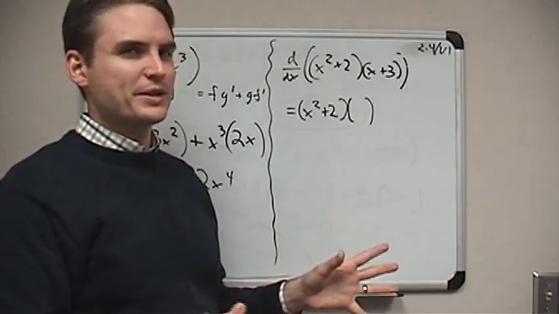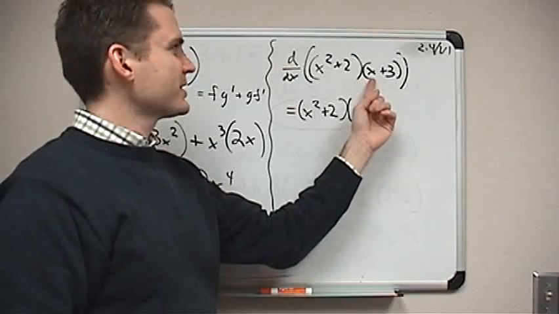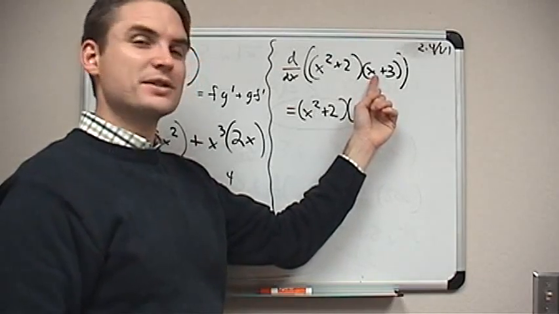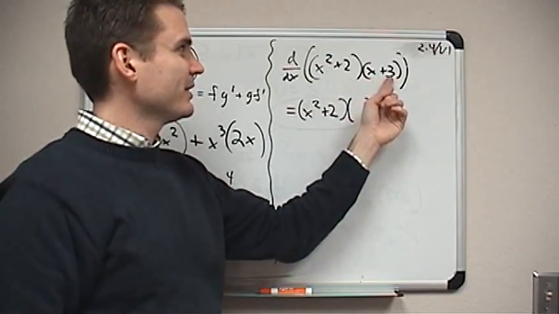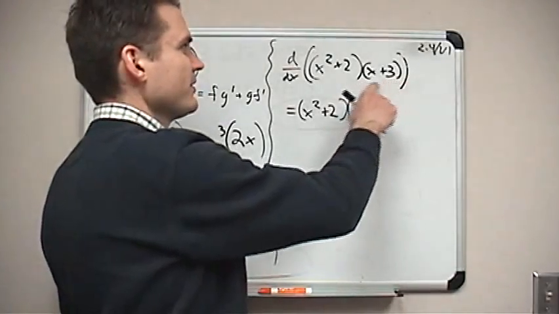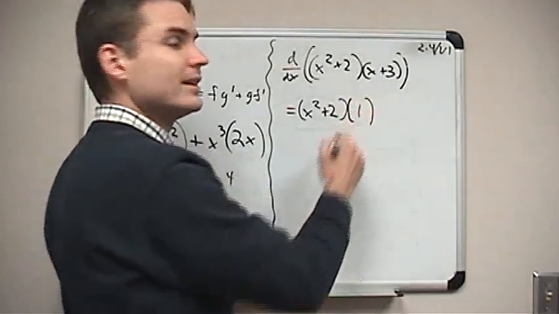Well, what's the derivative of x plus 3? To get the derivative of x, we use the power rule, which gives us 1 times x to the power of 0, which is just 1. And the derivative of 3 is 0, because 3 is a constant. So the derivative of this whole function, if you can do that in your head, you can just write down the answer, is 1.